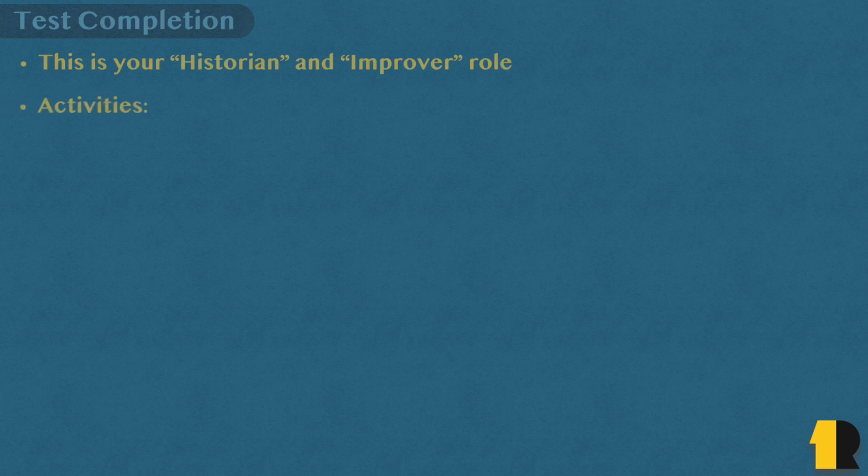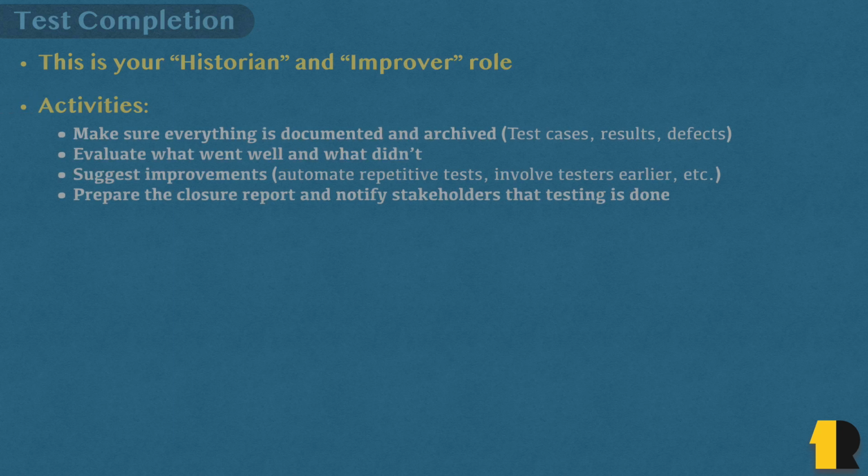During test completion, we archive our testware, evaluate what went well and what went wrong, but most importantly, we must learn from our mistakes and make plans for future improvement. Also, we communicate the closure report with other stakeholders and prepare for the next testing mission.